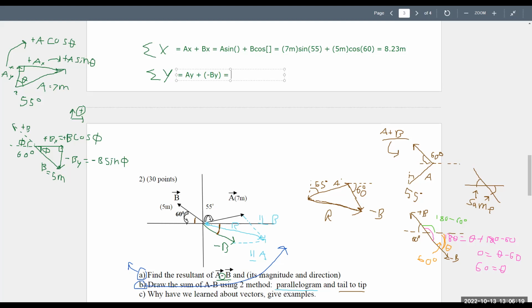So then your y should be A cosine theta minus B sine psi, because the plus and the minus becomes the negative. And that equals 2.